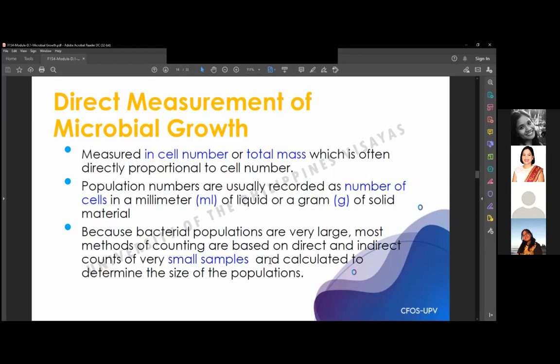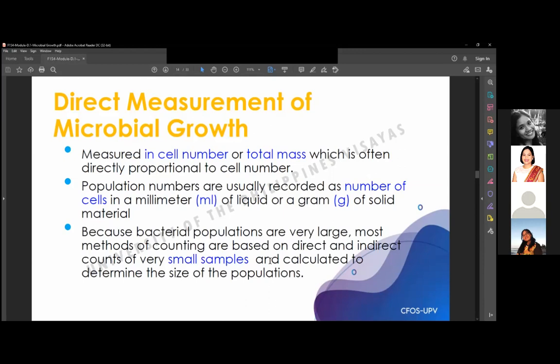Since we cannot measure the population of all of our cultures, we just take a sample, and that sample will now represent the population in the entire culture. Yan yung ginagawa natin. For example, if you want to measure the microbial load of a pond, for example a shrimp pond, hindi mo pwedeng kunin lahat ng tubig sa shrimp pond and i-view under the microscope or i-count mo lahat ng microorganism doon.